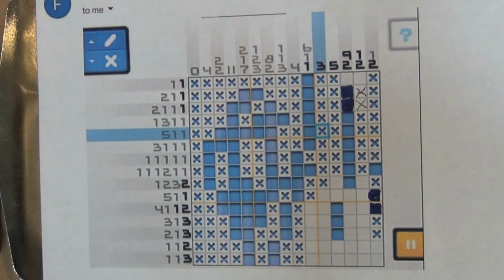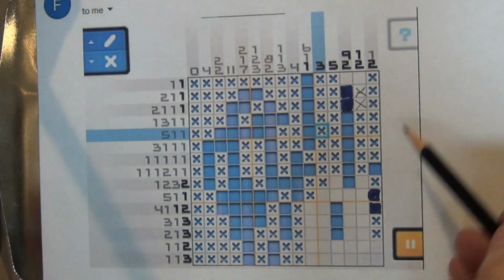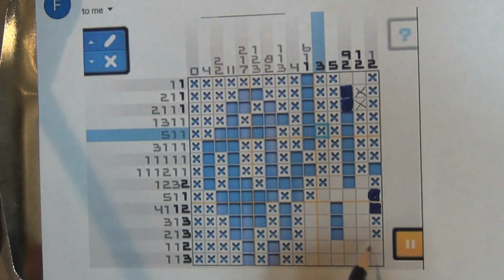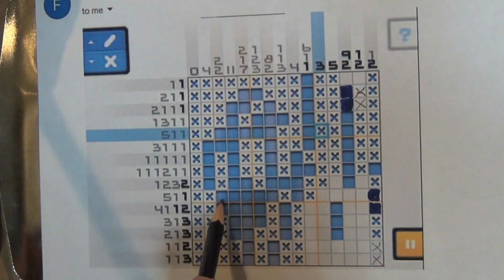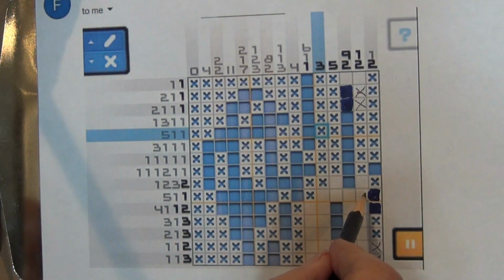And now I have some X's to put in, so let's go ahead and do that. This was supposed to be 1 and 2. There's the 1, there's the 2. That means this is X, X. And across this way, this was supposed to be 5, 1, 1. There's 5, 1, 1.